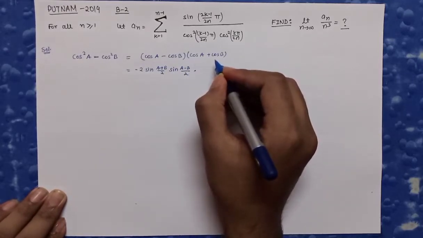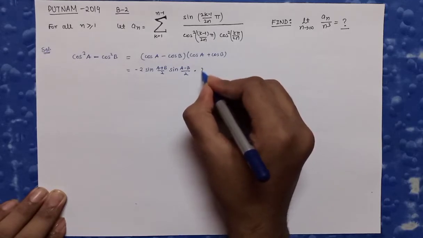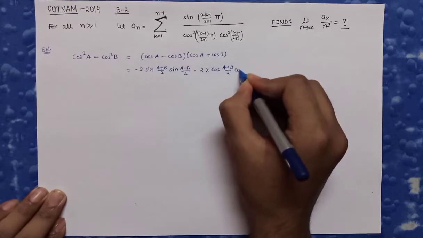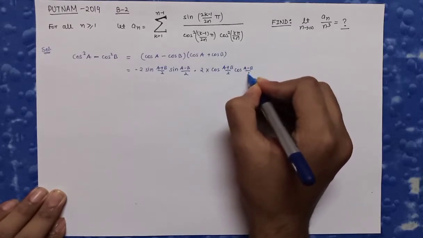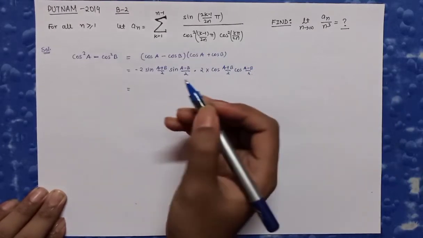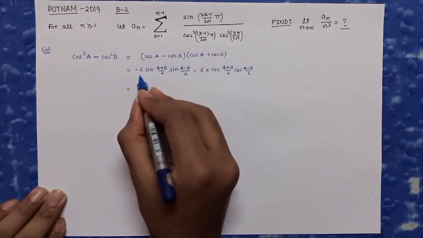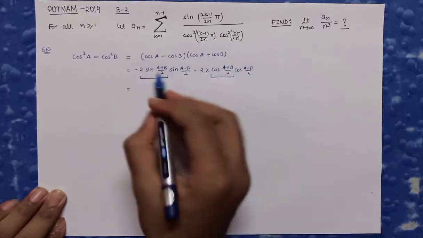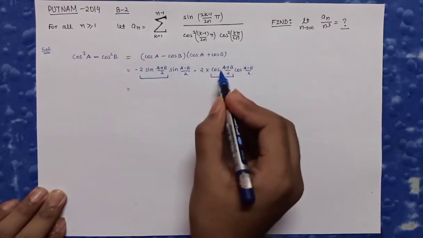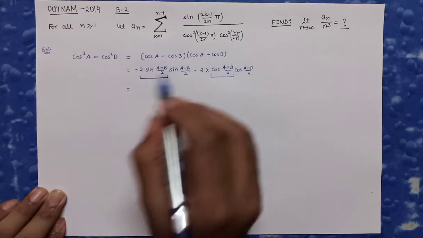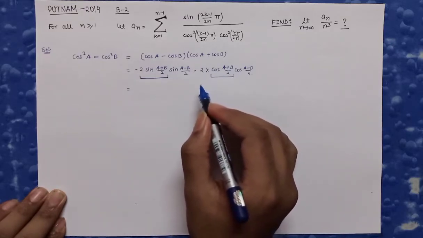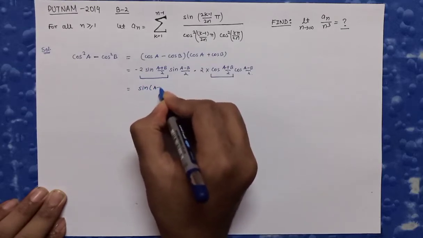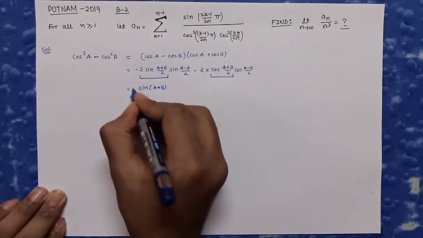Similarly, if I apply the identity to cos a plus cos b, I will get 2 times cos((a plus b) by 2) multiplied by cos((a minus b) by 2). Now if I carefully observe, here I have 2 sin((a plus b) by 2) and here is cos((a plus b) by 2). So I can apply the formula 2 sin theta cos theta equals sin 2 theta. So I can write it as sin(a plus b), with the minus as it is.